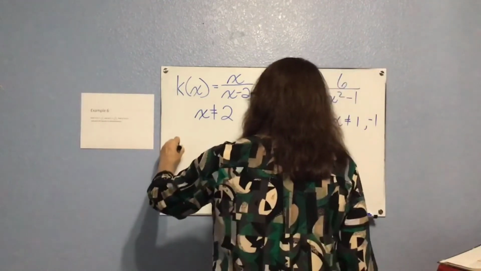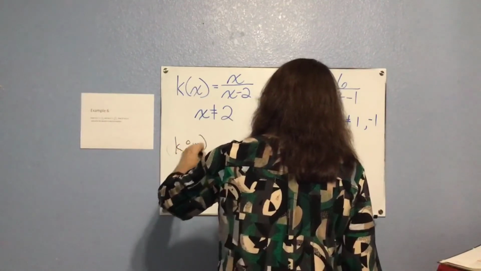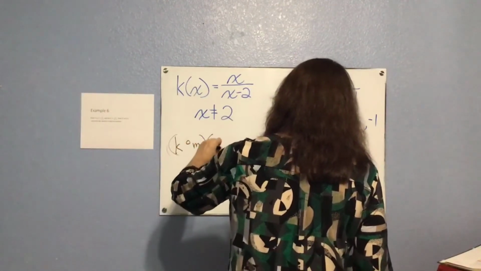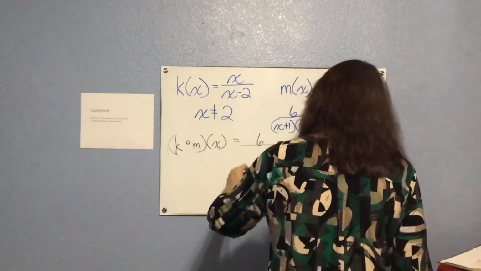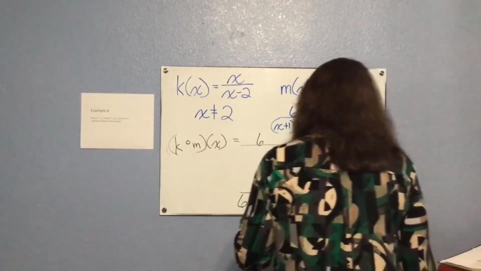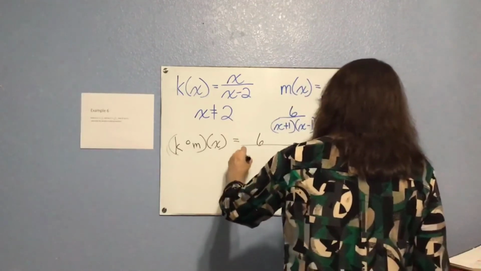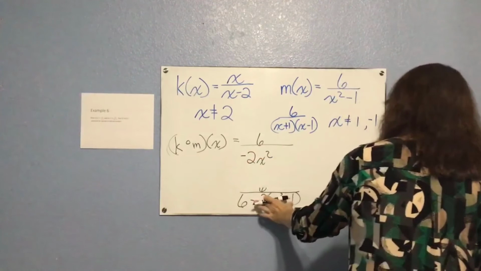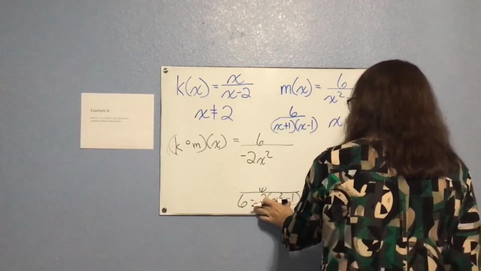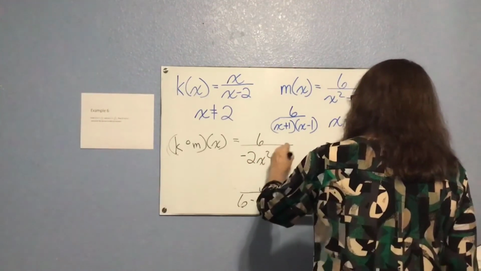Let's write that up here a little higher so you can see it better. I've got k of m of x is equal to 6 over negative 2x squared. And I have negative 2 times negative 1, so this is plus 2, so 6 plus 2 is plus 8.